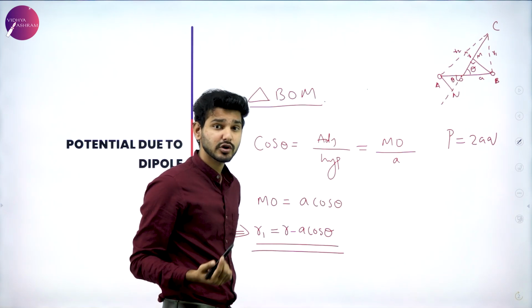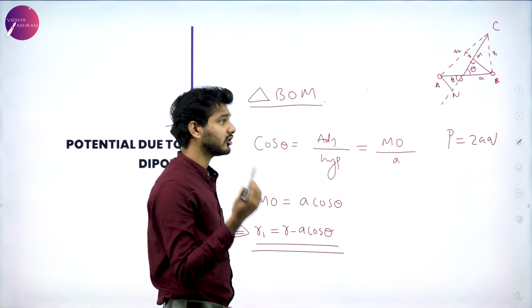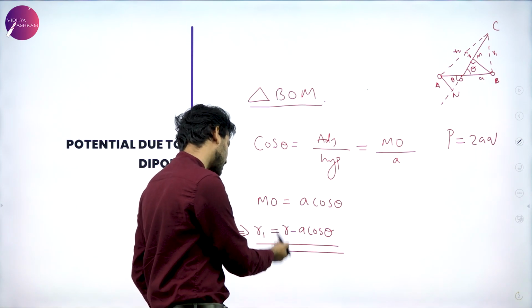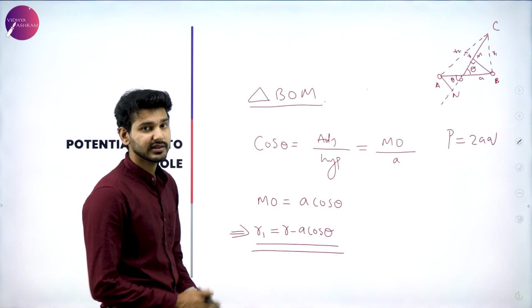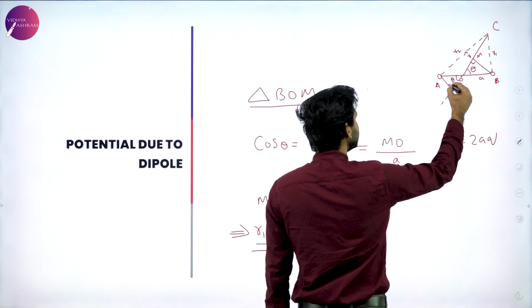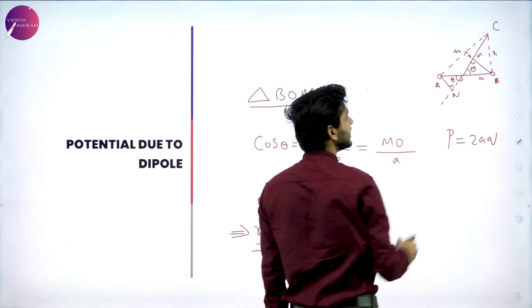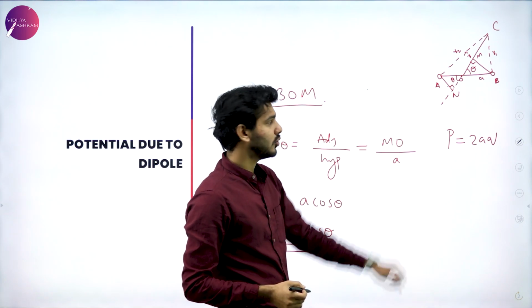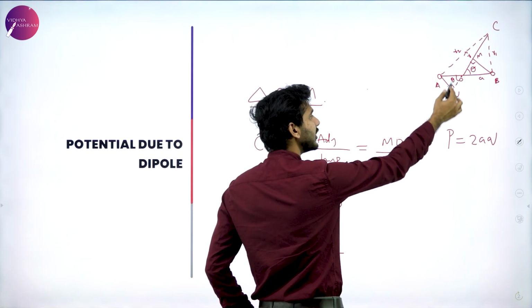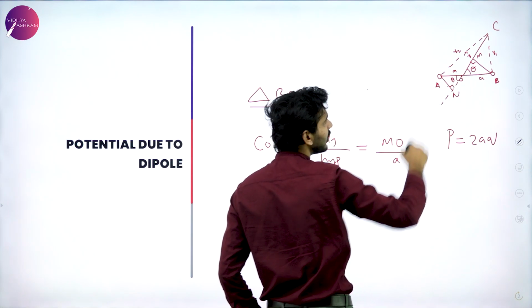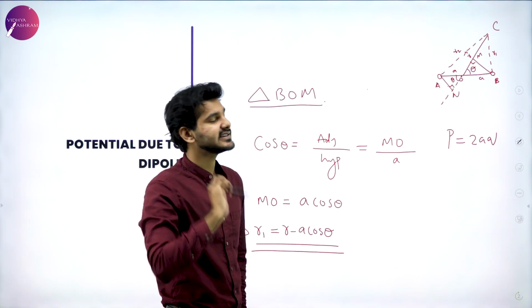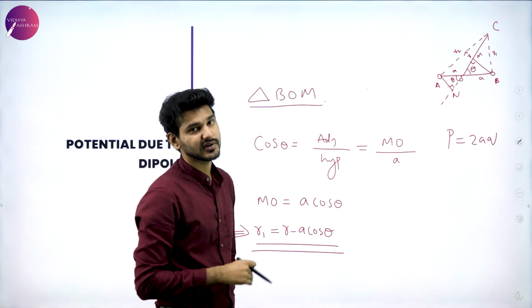Then the same theory we are going to apply. We are going to find out what cos theta is, and then write it in the form of R2 is equal to that particular thing. In this case, the 90-degree angle will be ANO. So we can write ANO will be 90 degrees, and we already know that AO is the distance A because it is half of the length of the dipole.